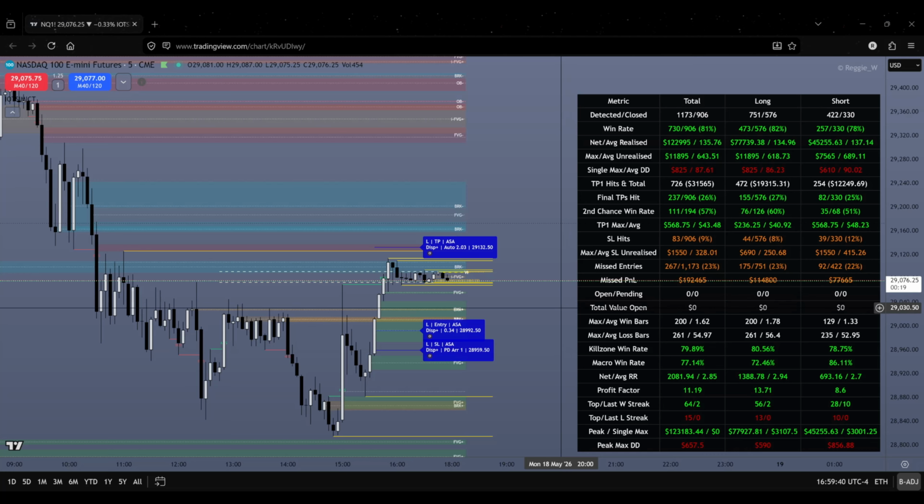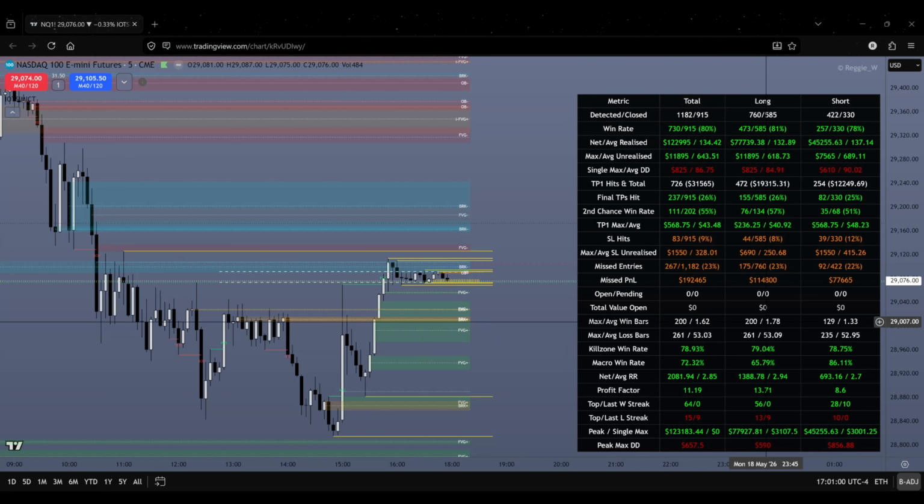Entries to be hit, that is. Total value open, if you actually have trades open, then the total value of each and the total, which are there. Max average winning bars, pretty self-explanatory there, really, to be honest. It's the longest winning trade and the average win duration in candles. How long it took, it's not too difficult, really.